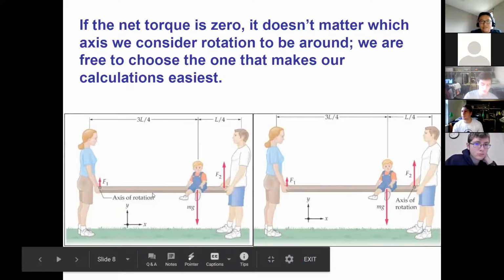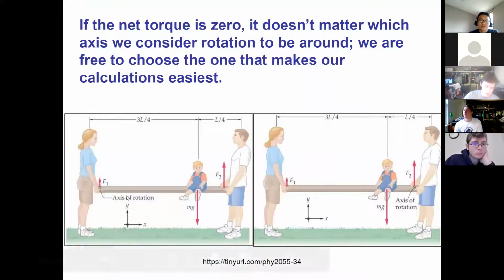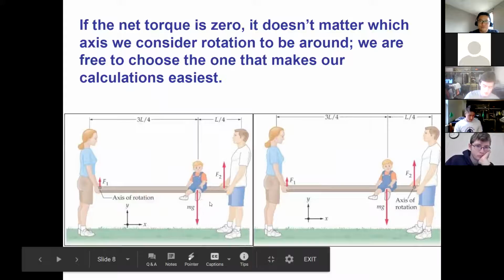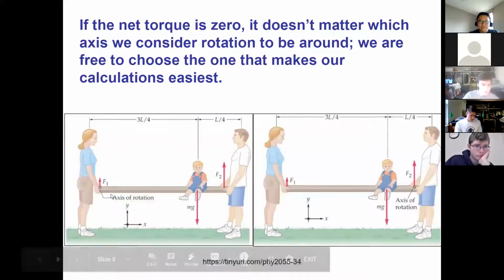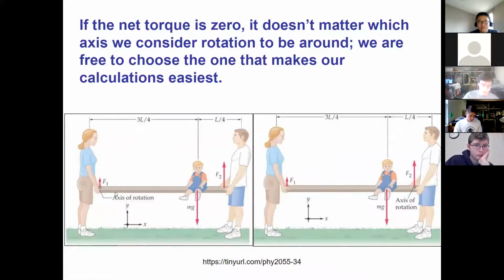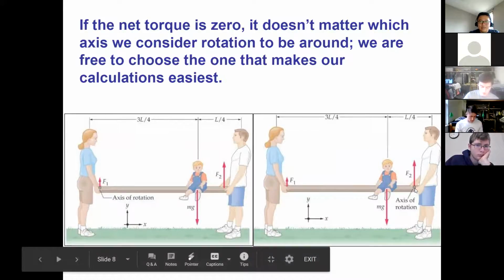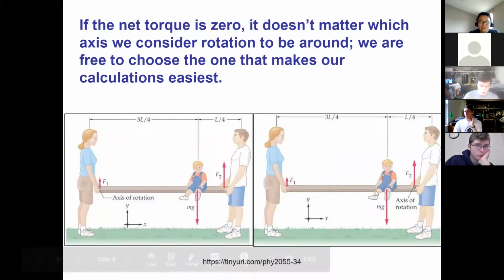In that case, it's not obvious which point the axis of rotation goes through, so you can pick any point as the axis of rotation if net torque is equal to 0. You can pick this point, or the other end of the plank, or any point in between.